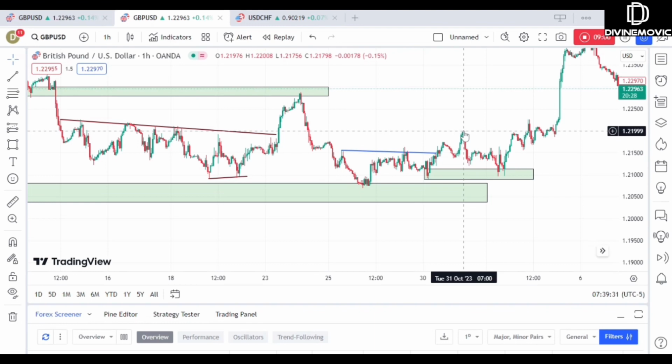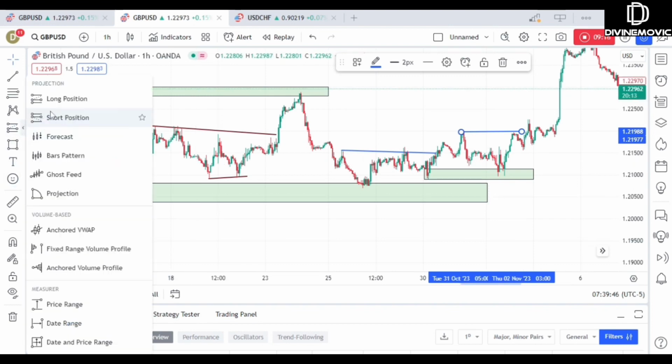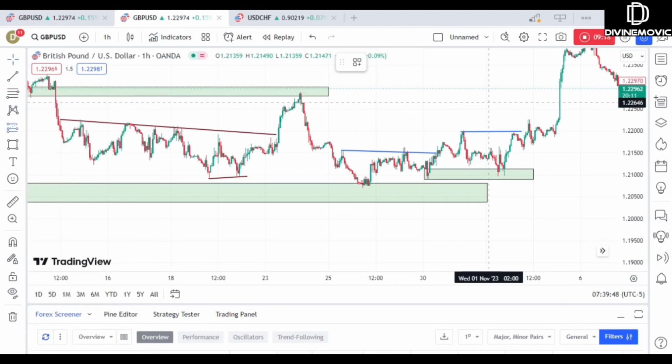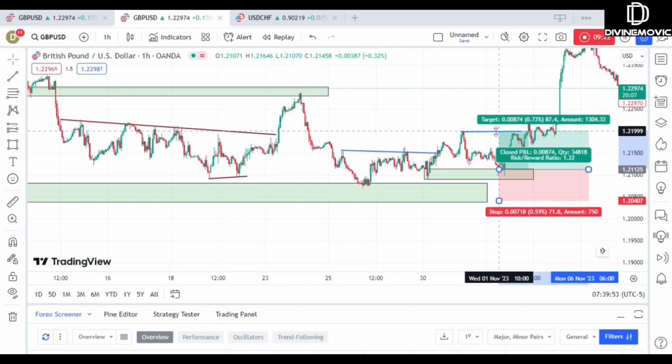I only held it and took out this high here. So I think it was 1 to 2 risk to reward. I don't know, yes, maybe. This is what I did. So I took advantage of this chart here. I held it to this zone here.